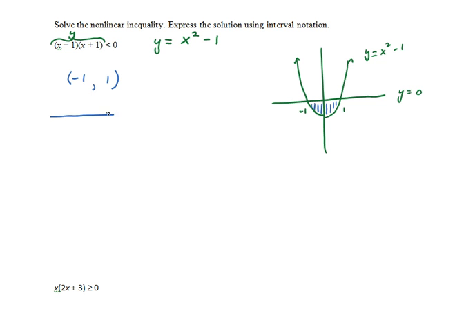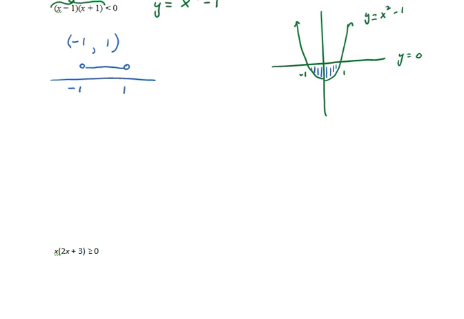And the graph on the x-axis on the number line will go from -1 to 1 with open circles at both -1 and 1 and a solid segment between the two. So our knowledge of quadratic functions and their graphs is very helpful here.